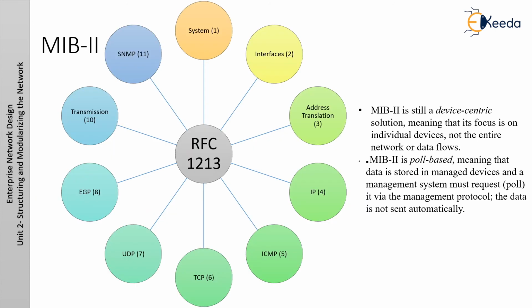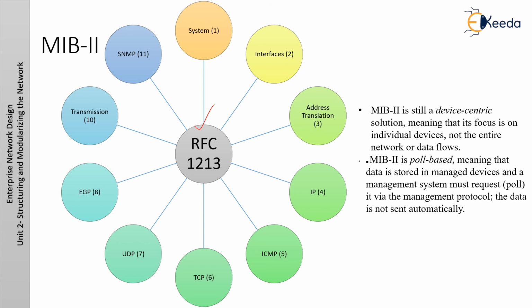Now come to this structure of MIB2, and this MIB2 is located in RFC 1213, and this is the extension of the original MIB, which is now called MIB1 and is defined by RFC 1213. So what is that? It supports a number of new protocols and provides more detailed structure information.